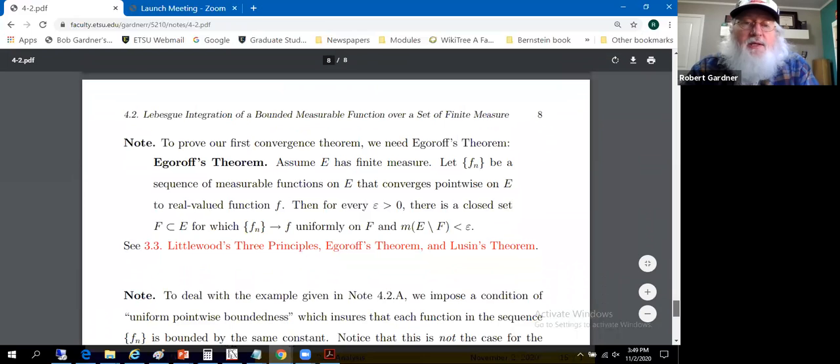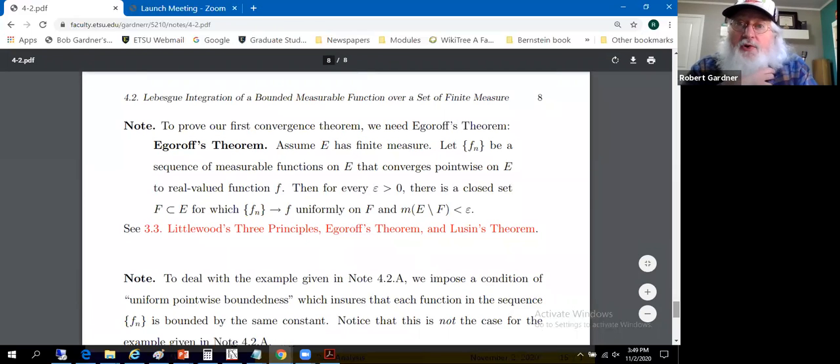So we want to establish our first convergence theorem. To do so, we're going to need Egorov's theorem, which will allow us to deal with nearly uniform convergence.